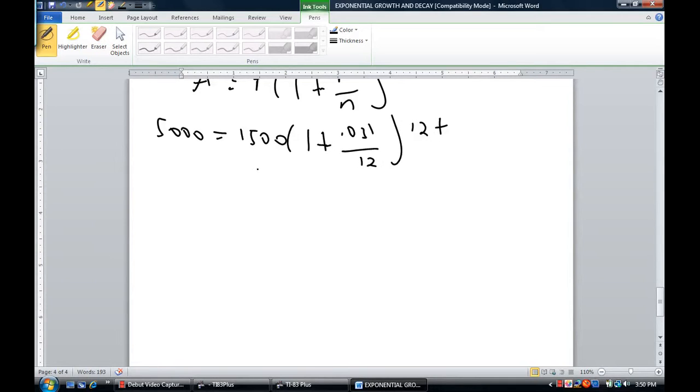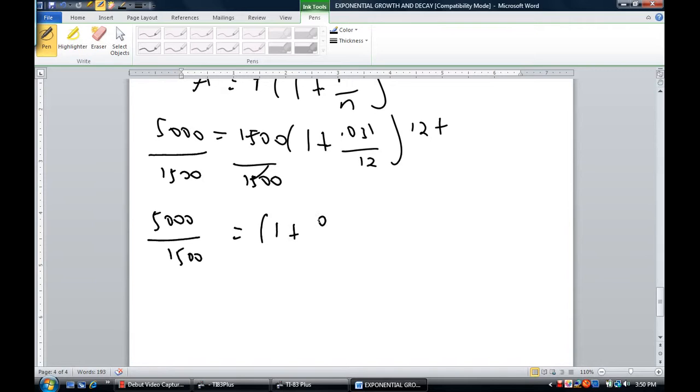So let's divide both sides by 1,500. And what I'm actually going to do is leave it as a fraction. I could use a decimal, but I don't know what your instructor wants, so I'm going to leave this as it is.